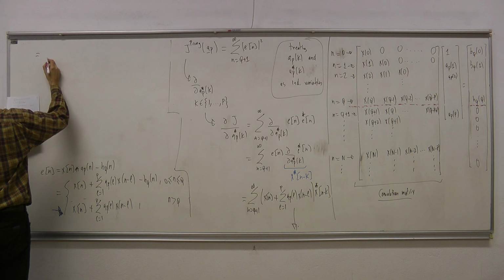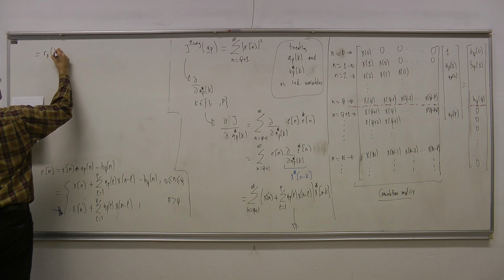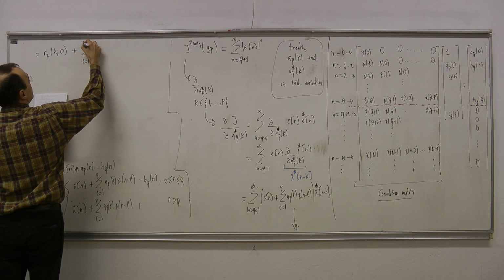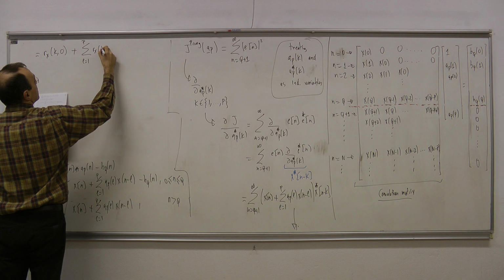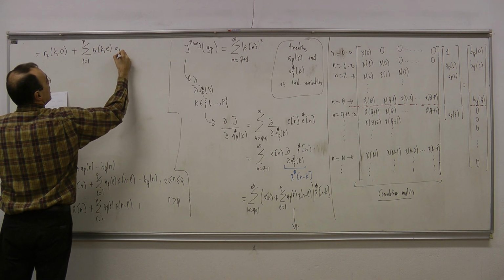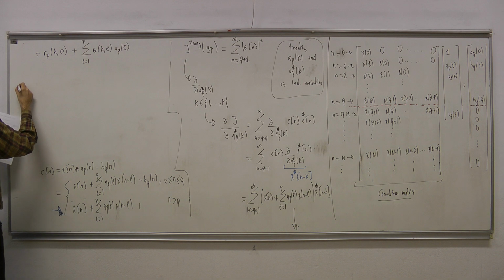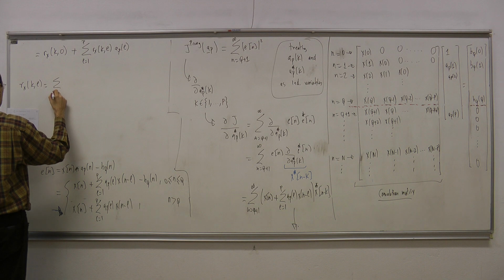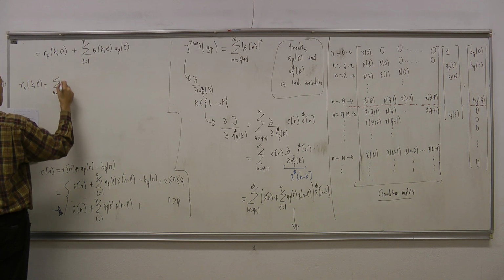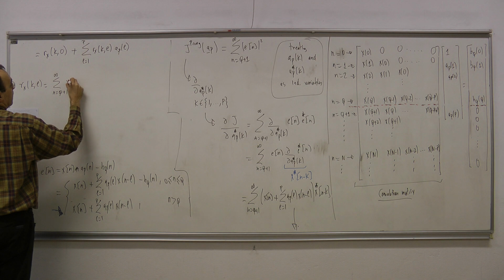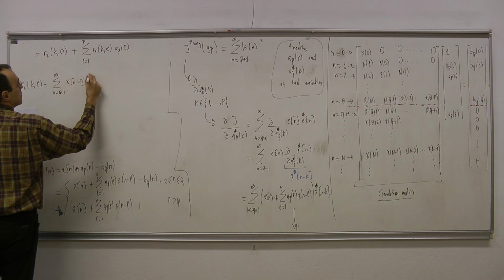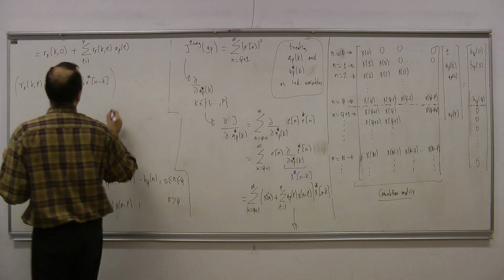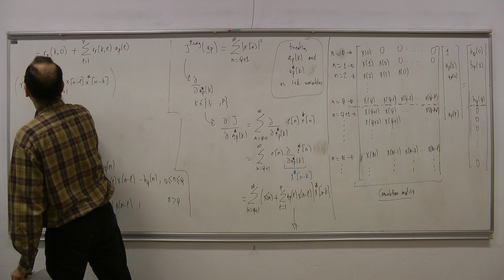So this is then equal to, well, let me write this, r_x(k, 0) plus the sum for l from 1 to p of r_x(k, l) a_p[l]. So what's going on, where I need to define this, r_x(k, l) is equal to, so this is our definition for this calculation.